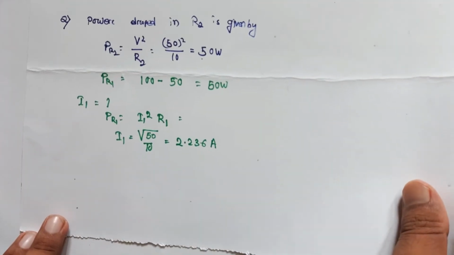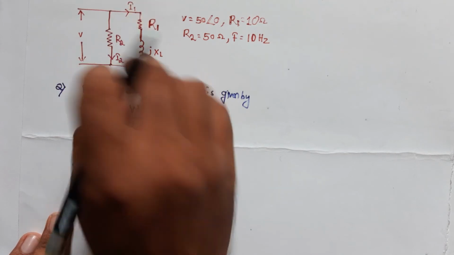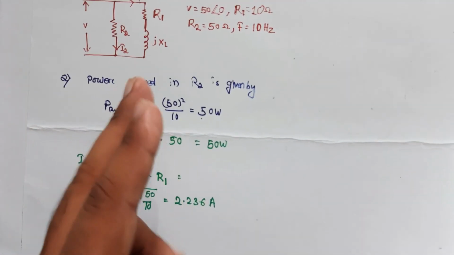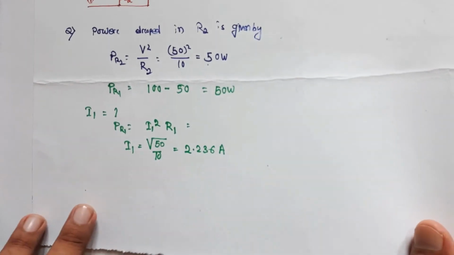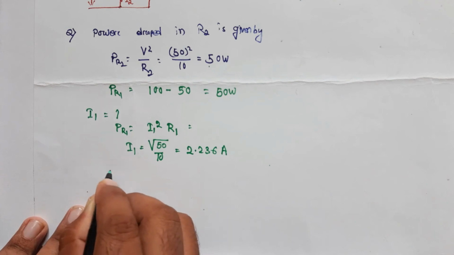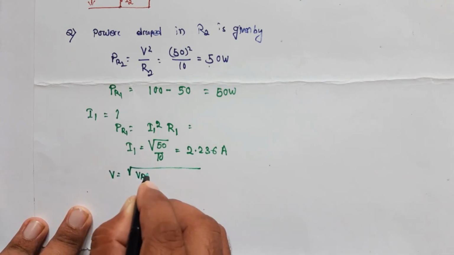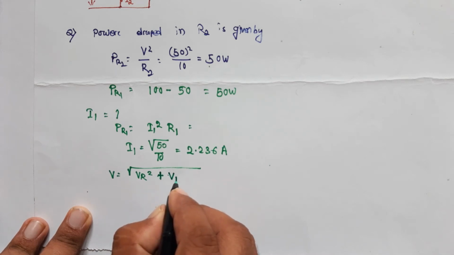Next we find the voltage across the inductor. If you consider the RL series circuit, the voltage V equals the vector sum of the voltage in the resistor and the inductor, the square root of VR1 square plus VL square.